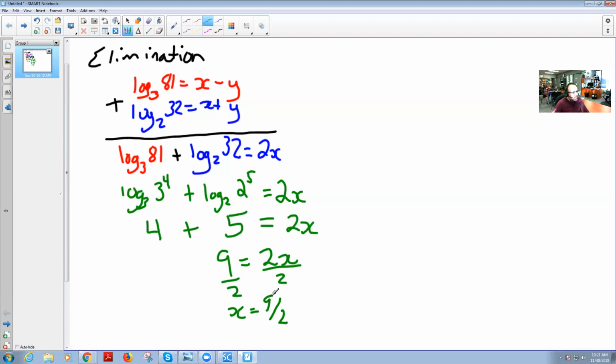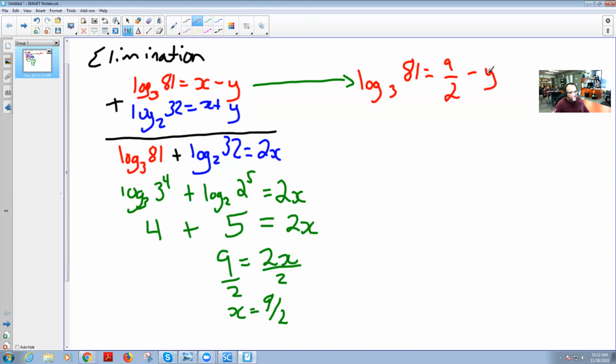Now it's up to you which equation you want to use to substitute 9 over 2. You can use either the first one or the second one. Totally up to you. Well, I'm going to go with the first one. So going back to this first one right here, I had log base 3 of 81 equals, now substitute 9 over 2 minus y.